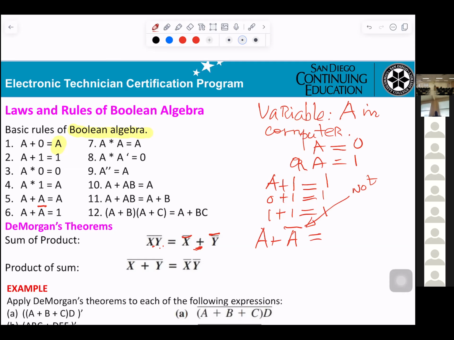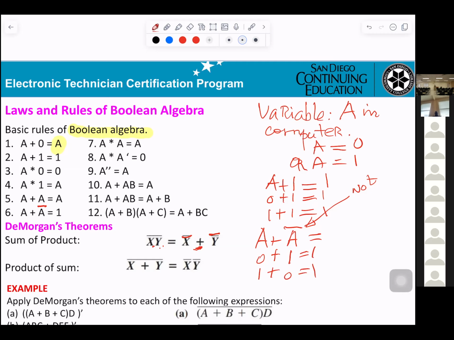For example, if A is 0, adding to not A, 0's not A has to be the opposite, 1. Then you get 1. A equals 1, adding to not A, not of A will be 0.